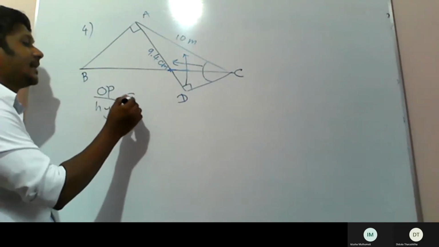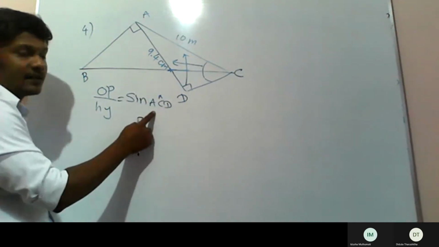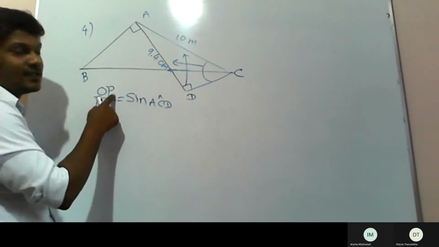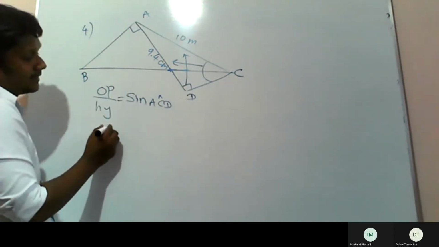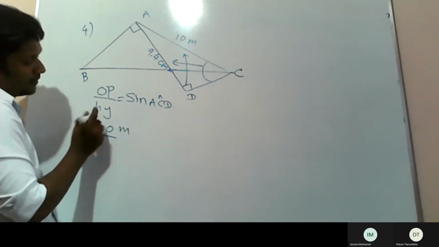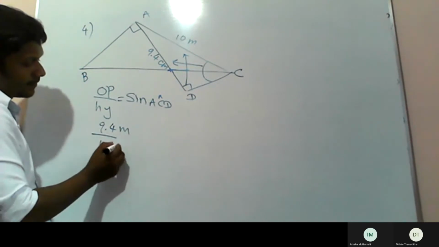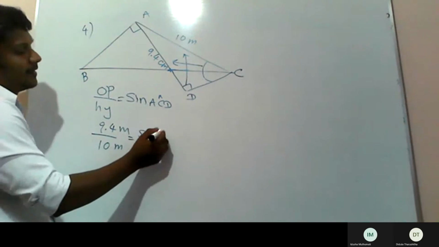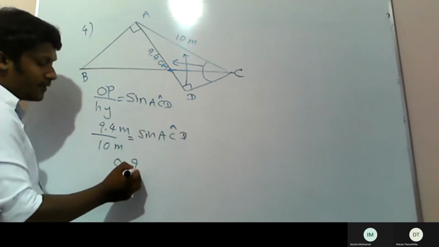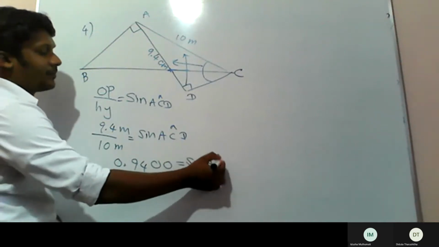equals sine theta, sine ACD. Sine ACD equals opposite side over hypotenuse, right? The opposite side is 9.4, the hypotenuse 10. So 9.4 divided by 10 is 0.9400, which equals sine ACD.